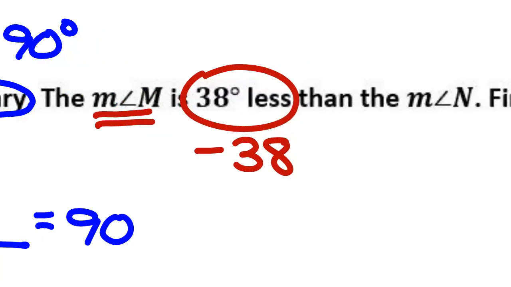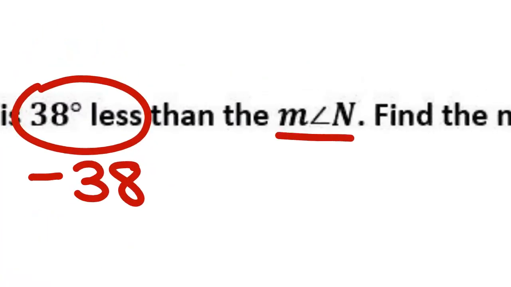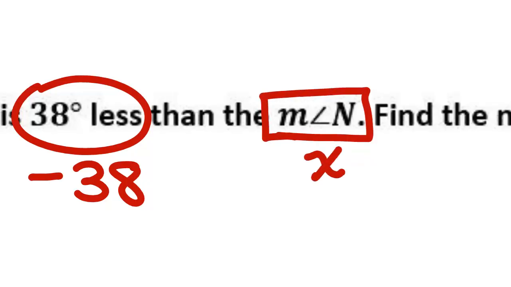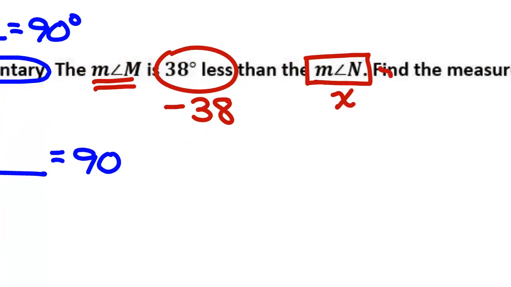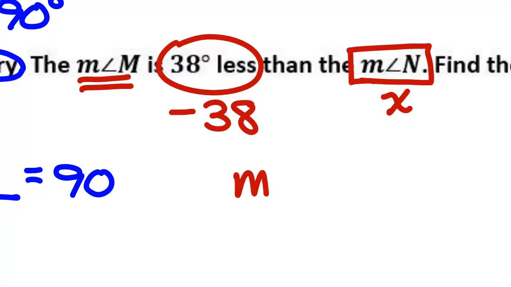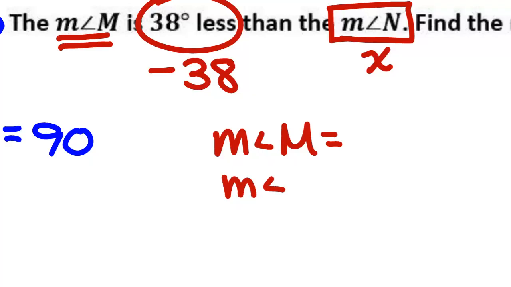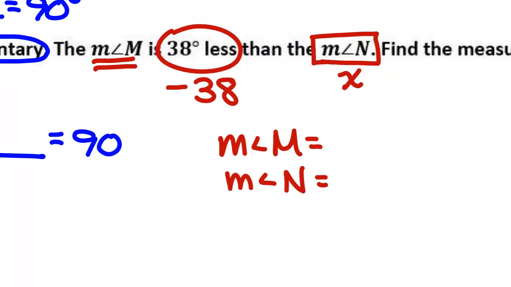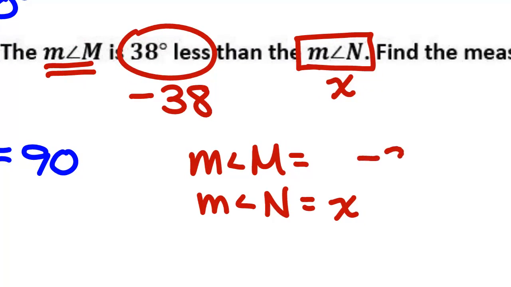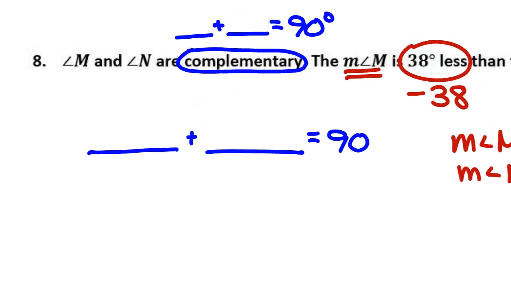We're going to take 38 away from the measure of angle N. And I don't know how big that is, so I'm going to call that X. So we have the measure of angle M and the measure of angle N. Angle N we're calling X. Angle M is 38 less than, so minus 38, the measure of angle N, so X minus 38.